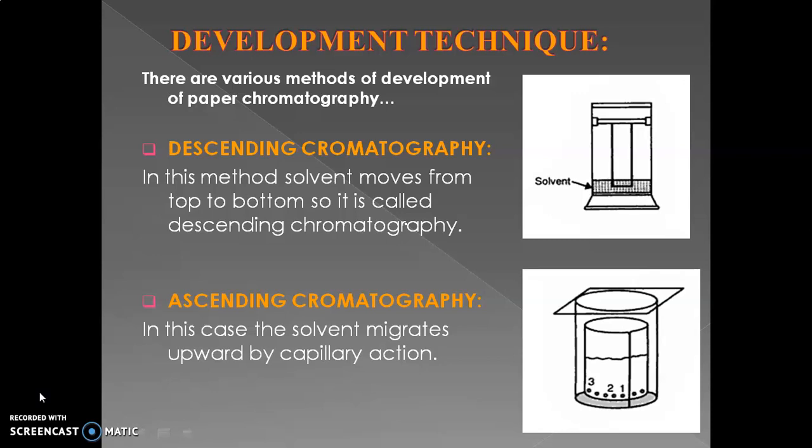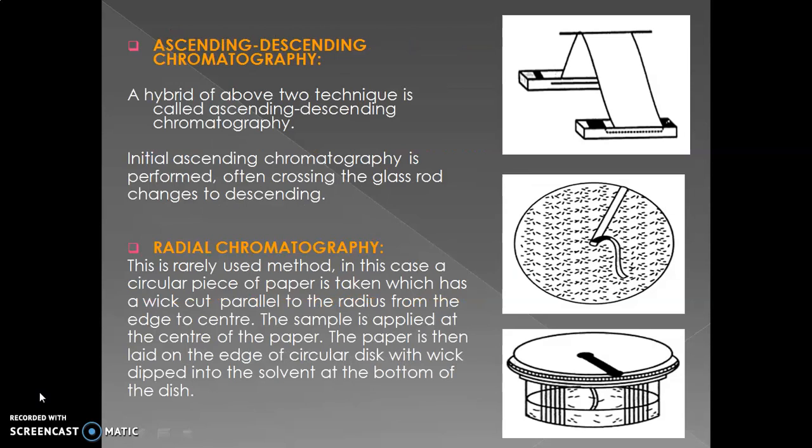What is the ascending technique? In this case, the solvent migrates upward by capillary action. What is the ascending descending technique? It is a hybrid of the above two techniques. Initially, ascending chromatography is performed, and after crossing the glass rod, it changes to descending.